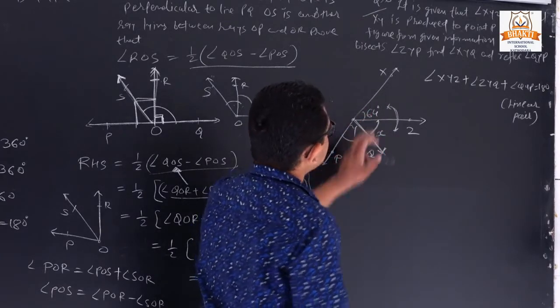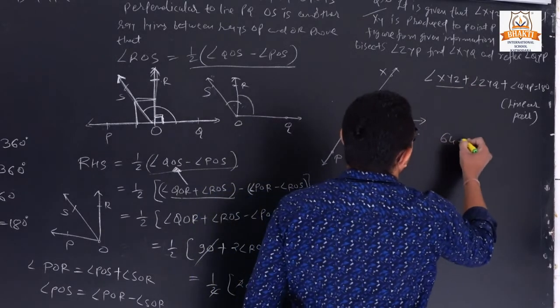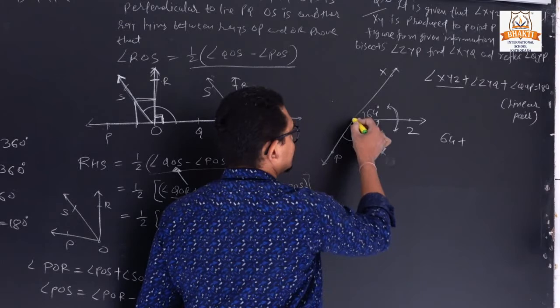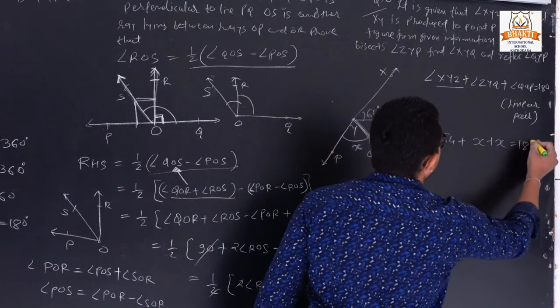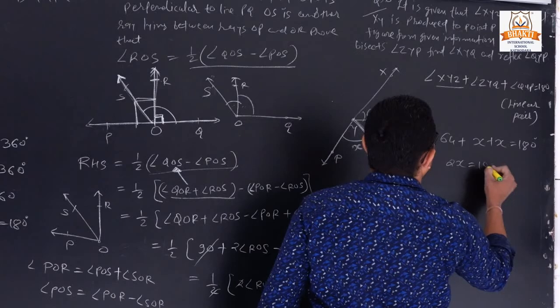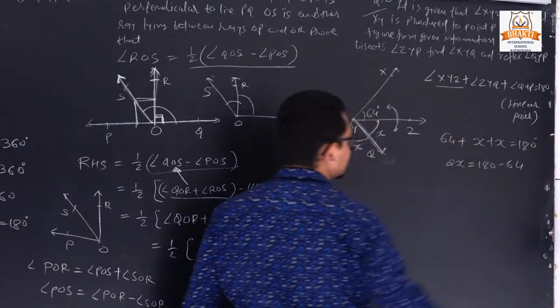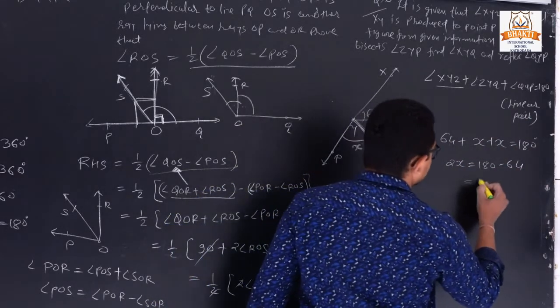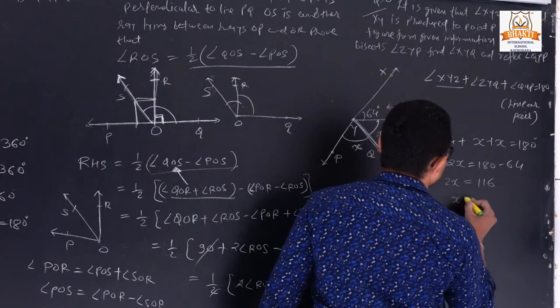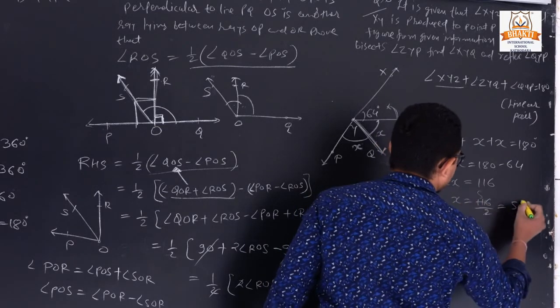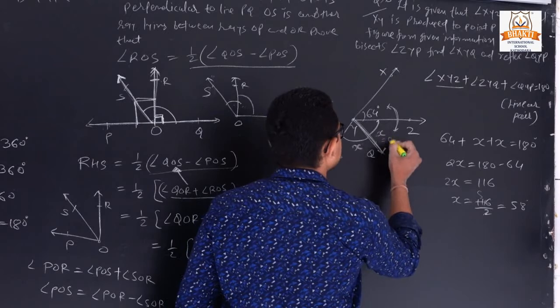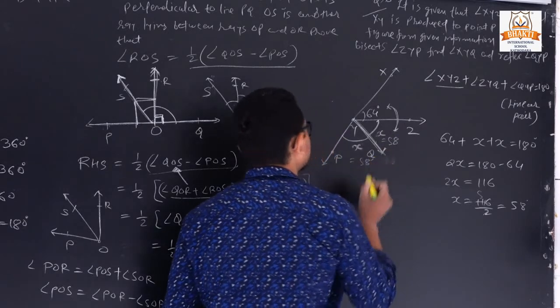So XYZ is given 64, and these two are equal because it is a bisector. So x plus x plus 64 is equal to 180. So 2x is 180 minus 64 because it goes to the other side. So it is 116. So 116 divided by 2, so 58. It means this is also 58 and this is also 58 degrees.